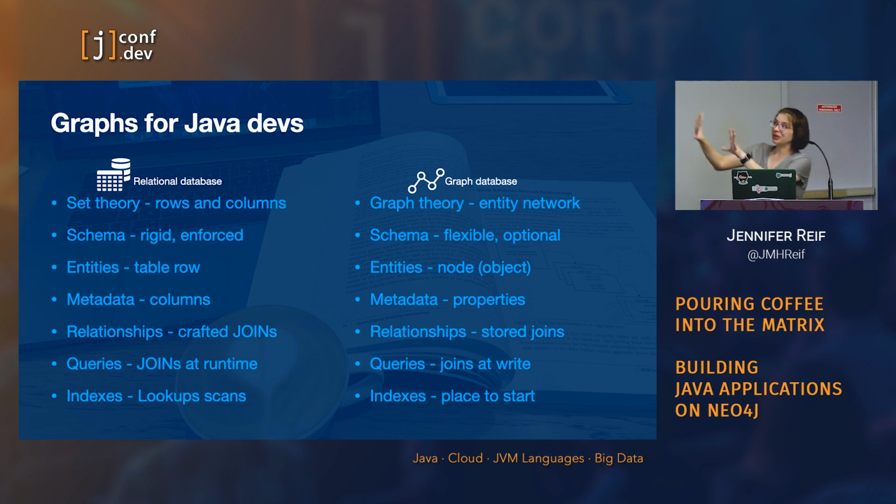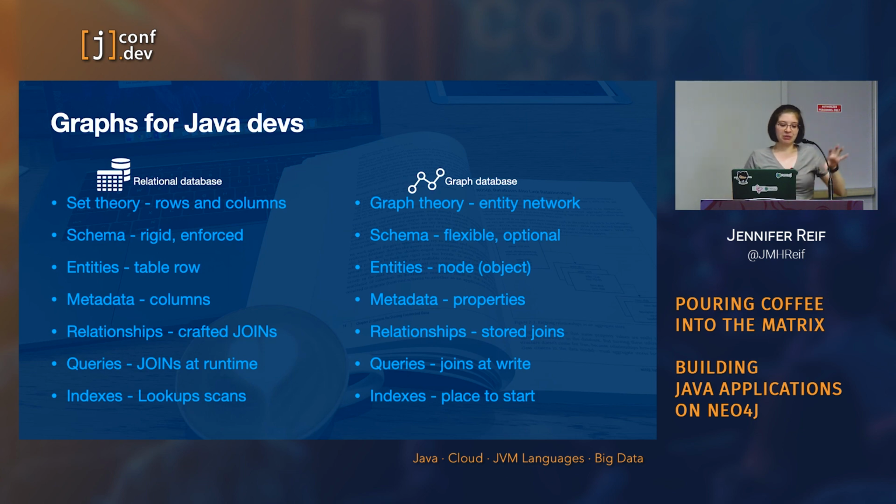So I won't read all of these, but this is just the general outline if you're looking at a relational database background versus a graph database. You're dealing with set theory on the relational side, and with graph theory, which is a network structure, on the graph side. Schema is much more strict and enforced on the relational side for good reason, where the graph database is designed to be much more flexible and optional on the schema side of things.